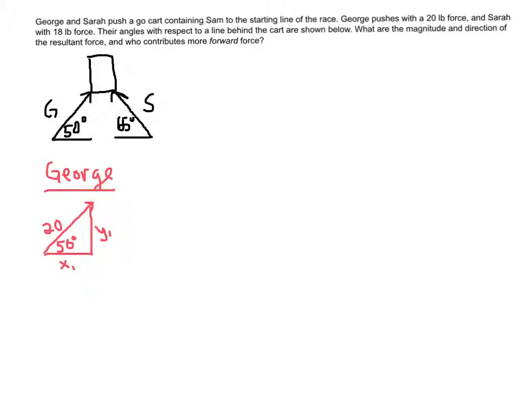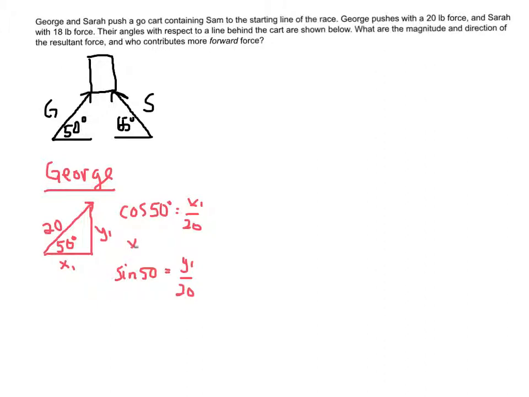To do so, we're going to do the cosine of 50 degrees. That's going to equal the x component over 20. And for the y component, we're going to do the sine of 50, and that will be y1 over 20.